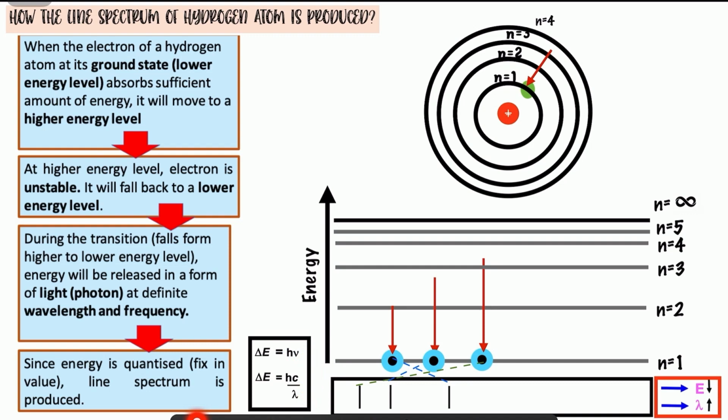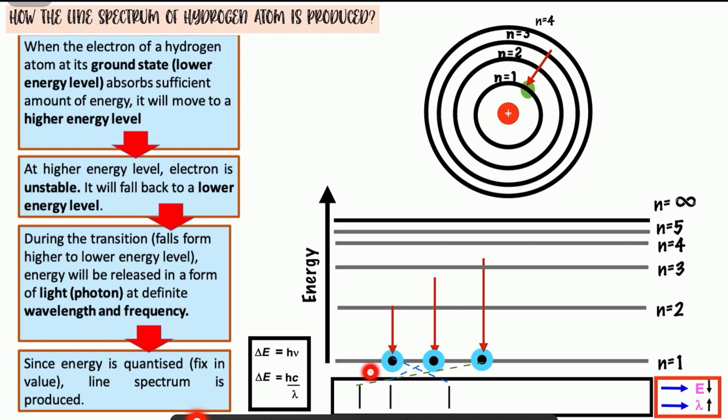I will explain this formula in the second part, but I just want to explain the relationship between delta E and wavelength. When we change frequency to c over lambda, you can see that if the energy difference is higher, the wavelength will be lower.